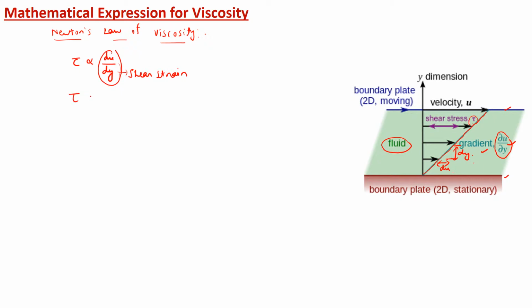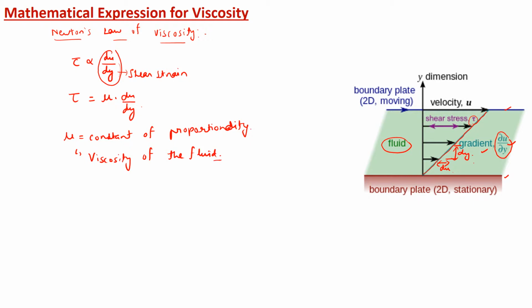Now, if we remove the sign of proportionality, then we get tau equals mu into du by dy, where mu is a constant of proportionality and is called the viscosity of the fluid, and this is the viscous coefficient.